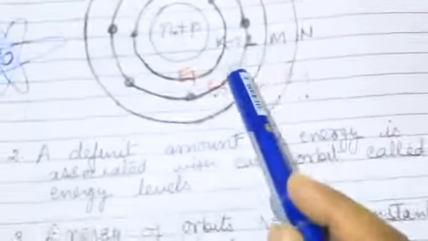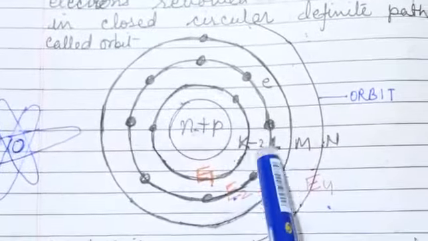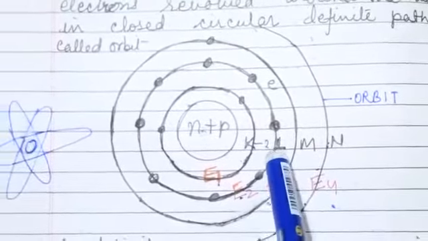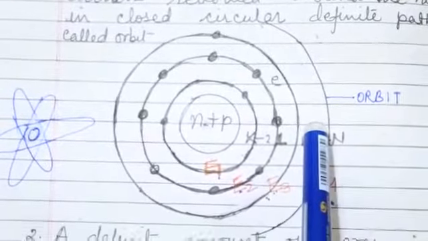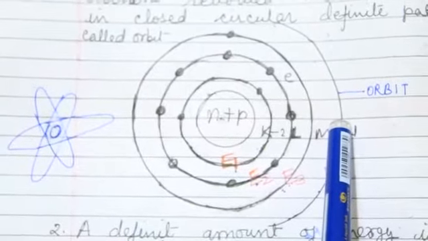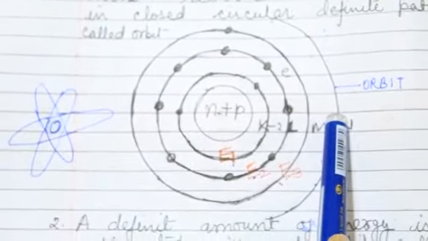If the electron remains in this orbit, then it is known as the ground state. But if it jumps to a higher energy level, then that state is known as the excited state.